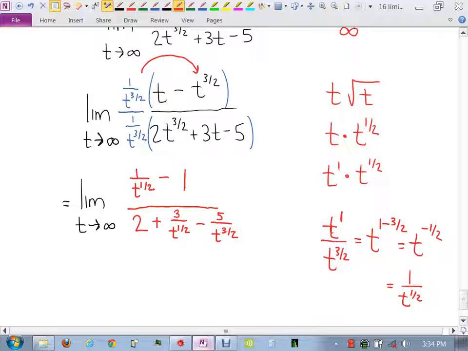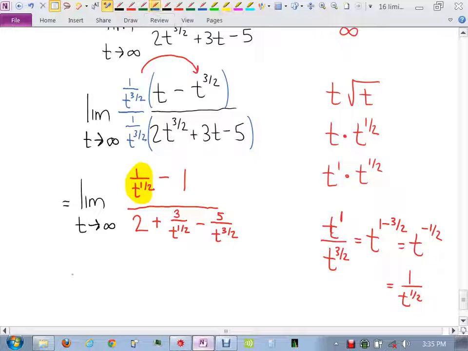I think this is going to work, because let t go to infinity now. The first one there, 1 over t to the 1 half, isn't that the square root of t? So isn't that the square root of infinity? That's fixed over infinity. What does fixed over infinity go to? 0, right? And then minus 1.